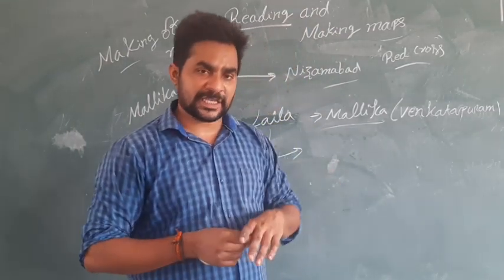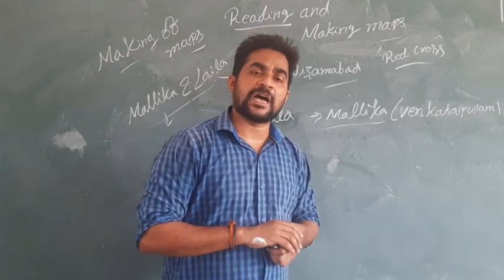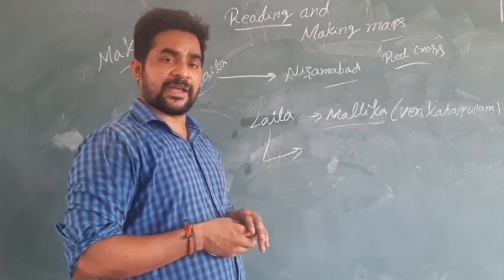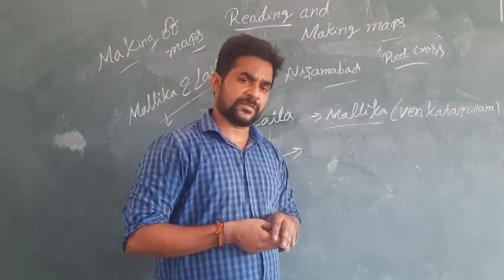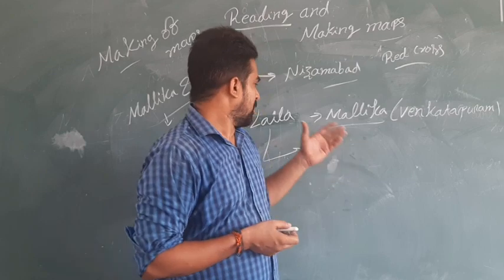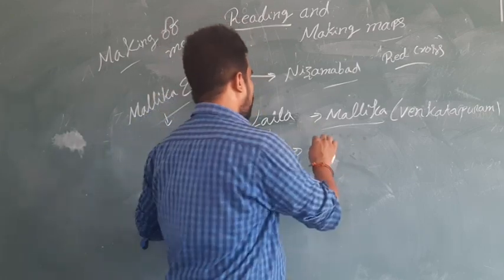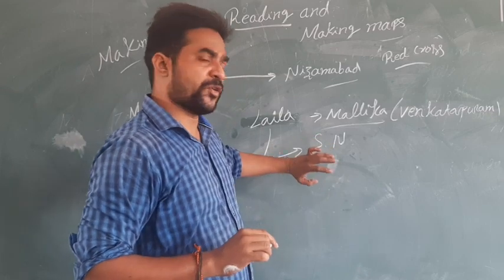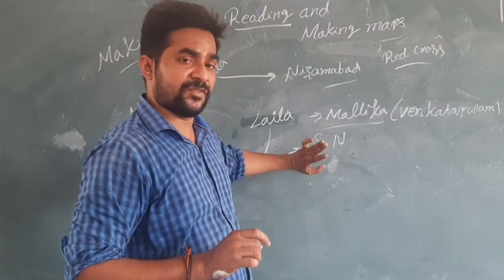After you get down at the bus stop, you have to say South Venkatapuram. Next, Laila replied, so what is this South? Laila doesn't know what is South and what is North. So in this lesson, we are going to learn the different types of directions.